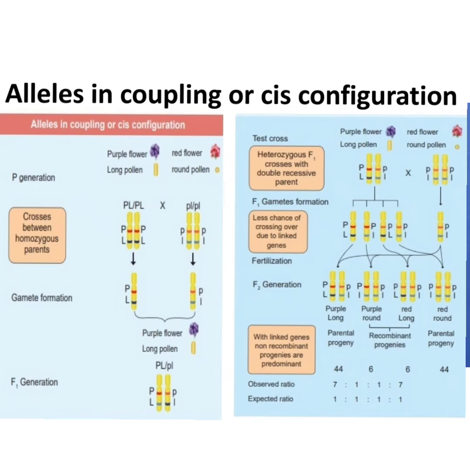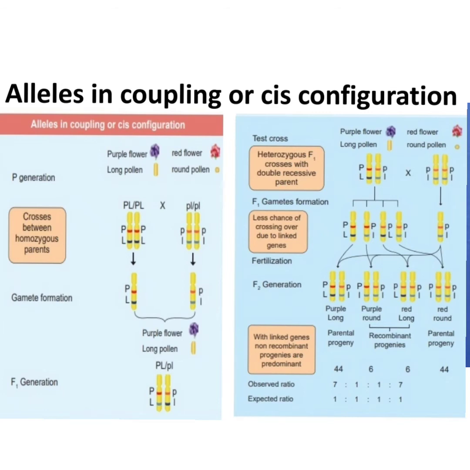In the F2 generation that is formed, there are purple long, purple round, red long and red round flowers. The purple long is represented as capital P, capital L in one homologous chromosome and small p and small l in another. In purple round, it has capital P and small l in one homologous chromosome and small p and small l in another.